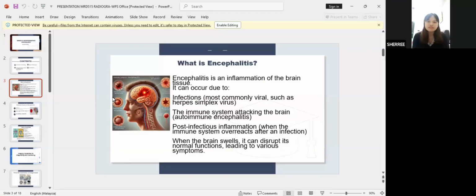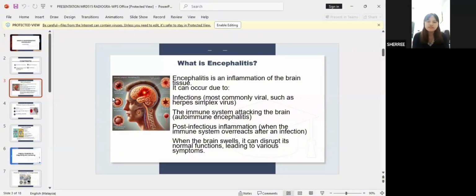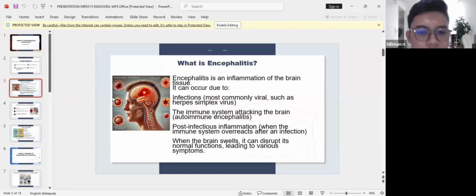Other than that, the immune system attacking the brain, or we call it autoimmune encephalitis. After that, post-infectious inflammation, when the immune system overreacts after an infection. When the brain swells, it can disrupt its normal functions, leading to various symptoms.